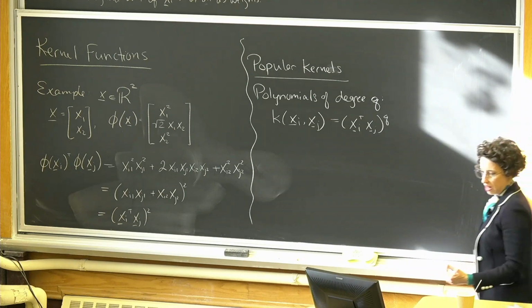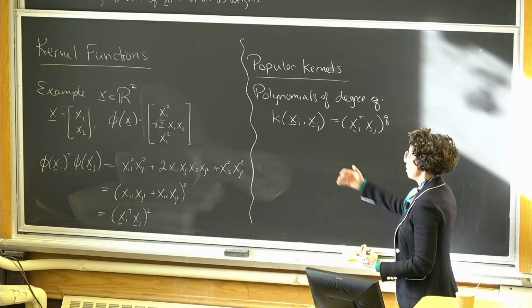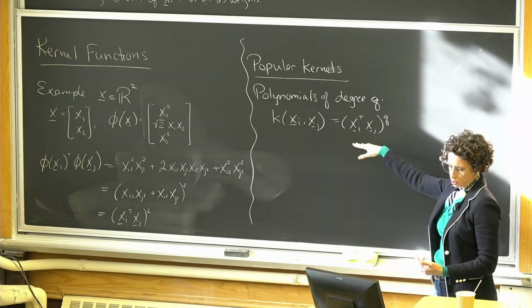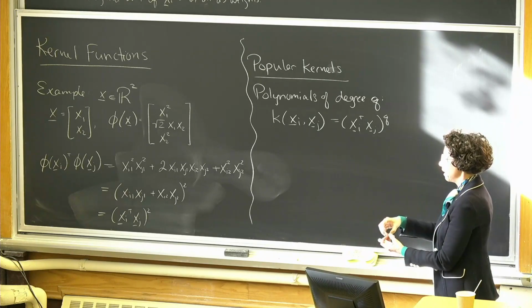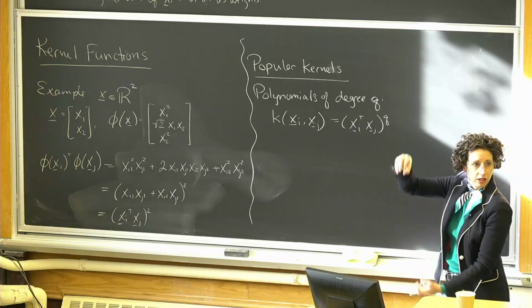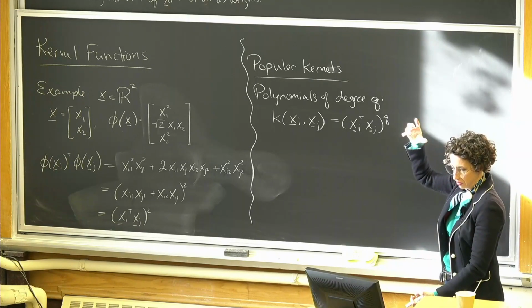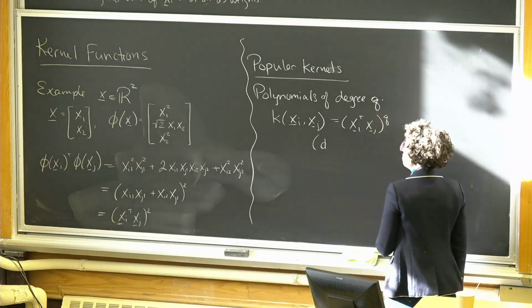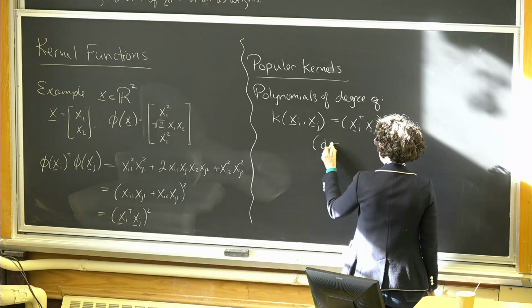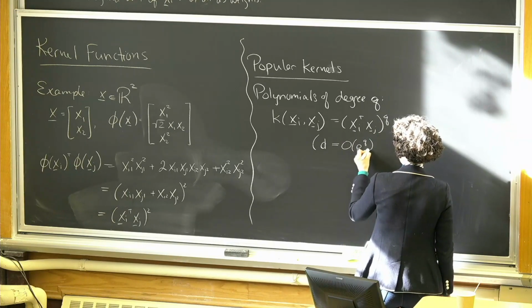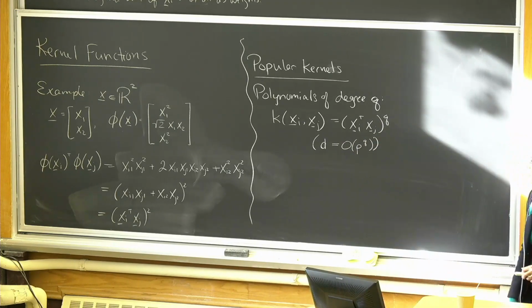This is a nice example because if I was to think about what the corresponding phi was, where I'm mapping a vector x to all of the corresponding cubic monomials, then the dimension d of phi of x would be roughly on the order of p to the qth power.